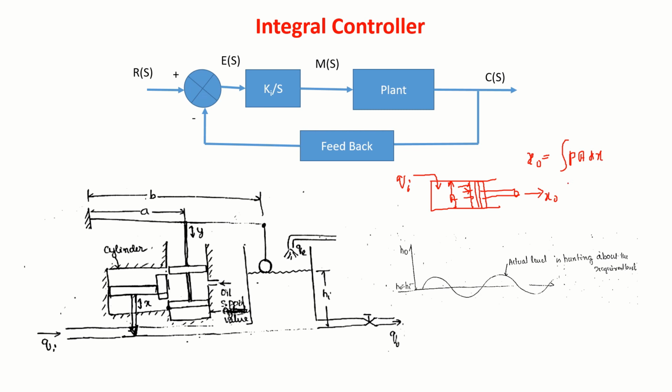So when we take Laplace, this will become 1/s. Correct, no? So that's how this piston cylinder will act as an integral controller. The transfer function of this will be Ki/s. This is an integral action.